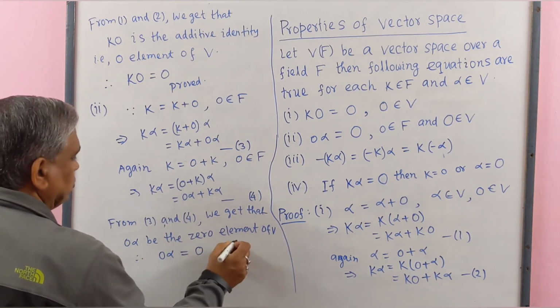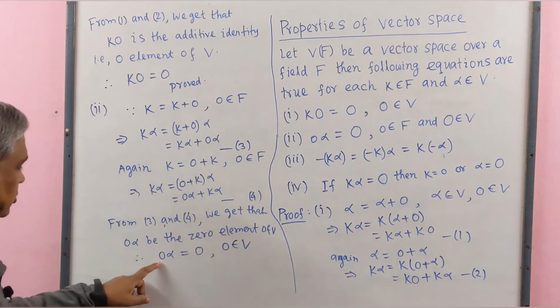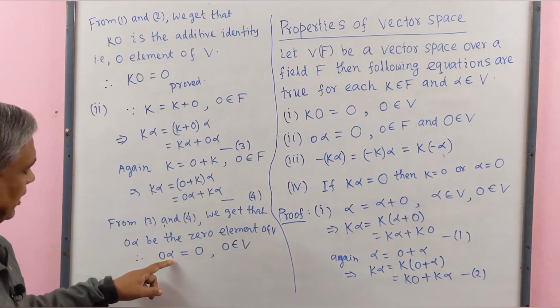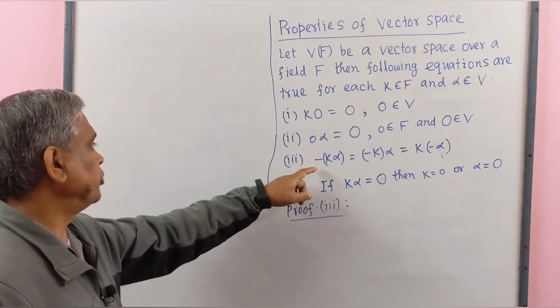This 0 belongs to V and this 0 belongs to the field F, and alpha belongs to V. Now we prove number 3.